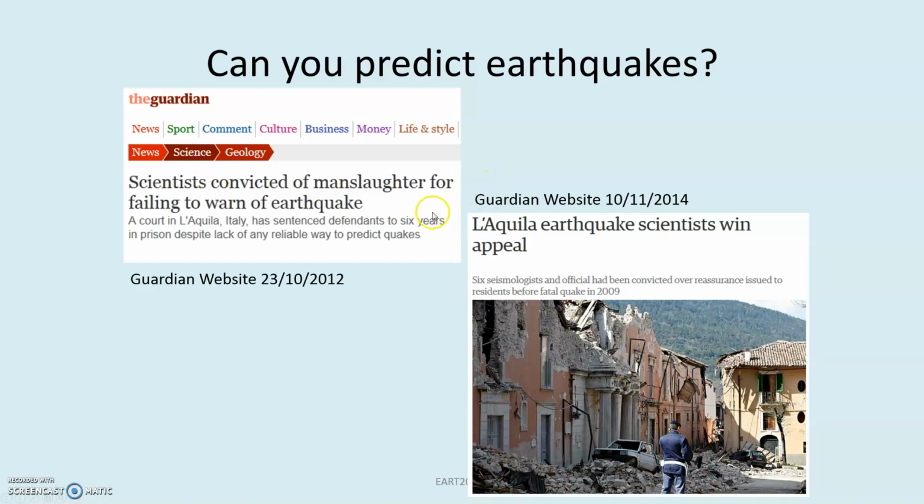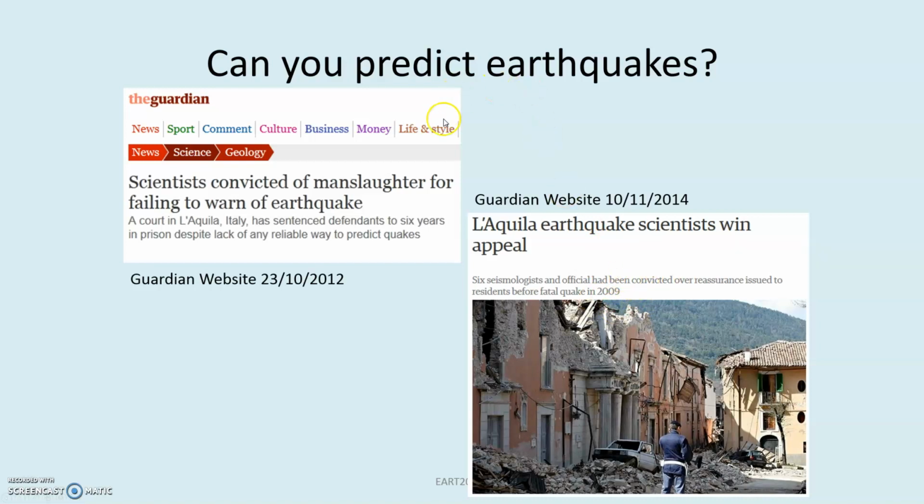And this was brought to the press a few years ago because two seismologists got convicted of manslaughter in Italy for not giving enough warning of the earthquake in L'Aquila. But luckily, 2 years later they won on appeal and didn't get convicted.